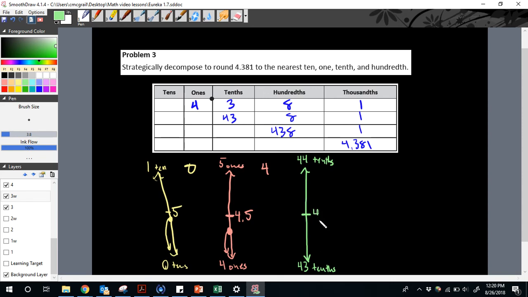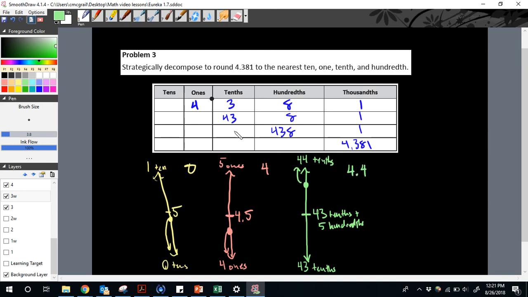It's going to be 43 tenths plus 5 hundredths. Now, I am looking. This has 43 tenths and 8 hundredths, so that's going to be greater than 43 tenths and 5 hundredths. So it's going to be right about there. So I know that rounding to the nearest tenths place, it's going to round up to 44 tenths, or 4 and 4 tenths.